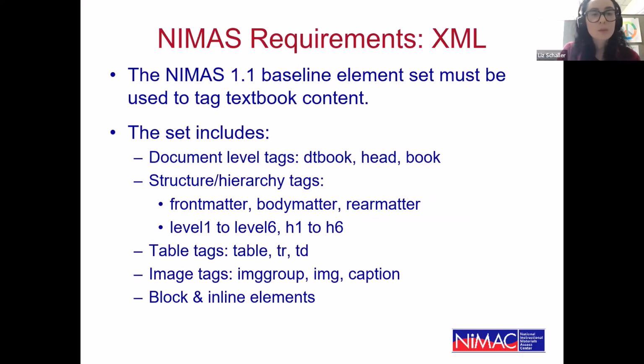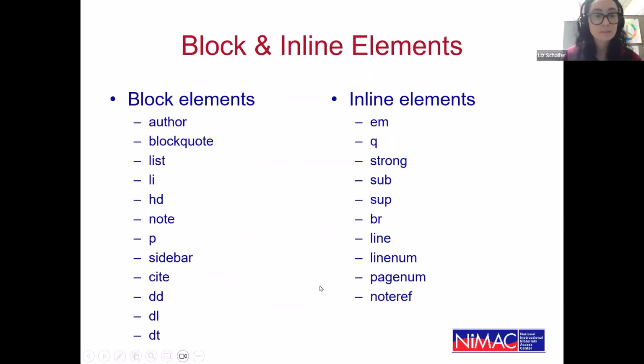The NIMAS 1.1 baseline element set must be used to tag textbook content. And this set includes document level tags like the DT book, head, and book tags, structure and hierarchy tags like the front matter, body matter, and rear matter, as well as levels 1 to 6 and headings 1 to 6. And then you have table tags like table, table row, and table data, image tags, as well as a good number of block and inline elements that you can choose from.